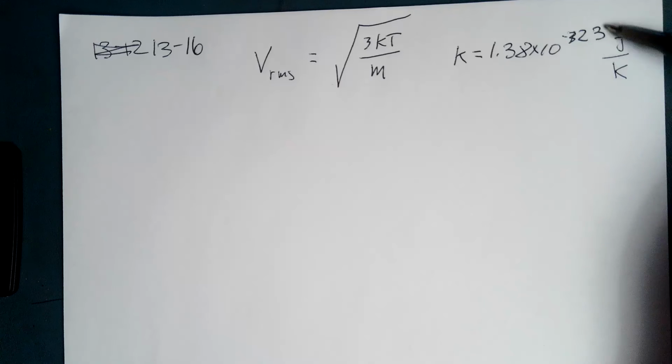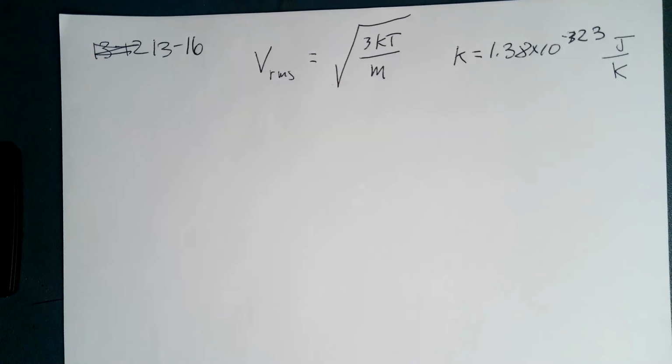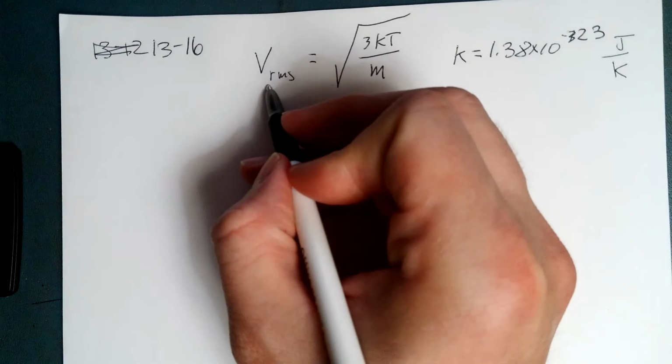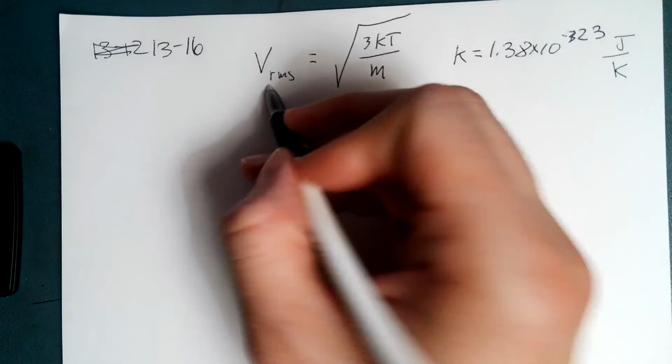So that's why that 10 to the negative 23. And so for this problem, okay, speeds of air molecules. What is the RMS speed of the molecules O2 and N2 at room temperature?